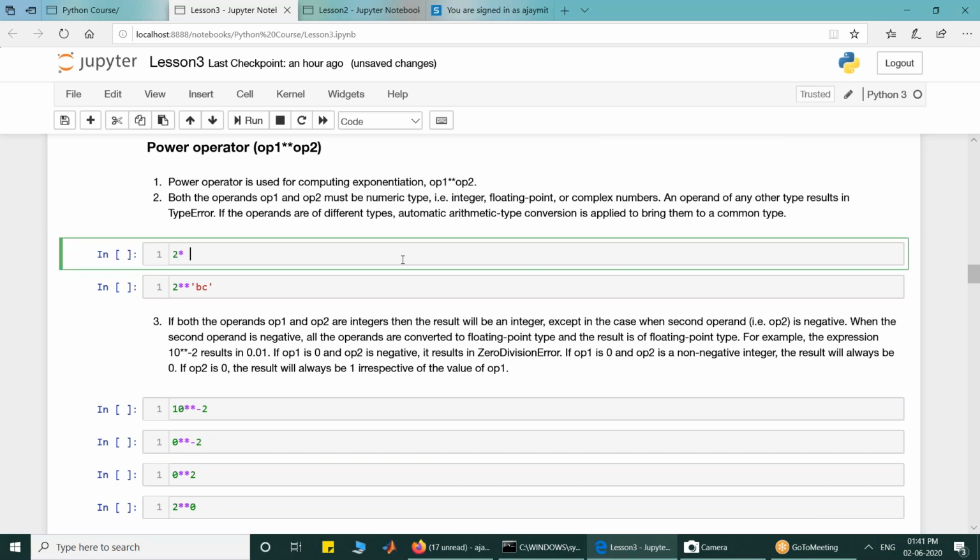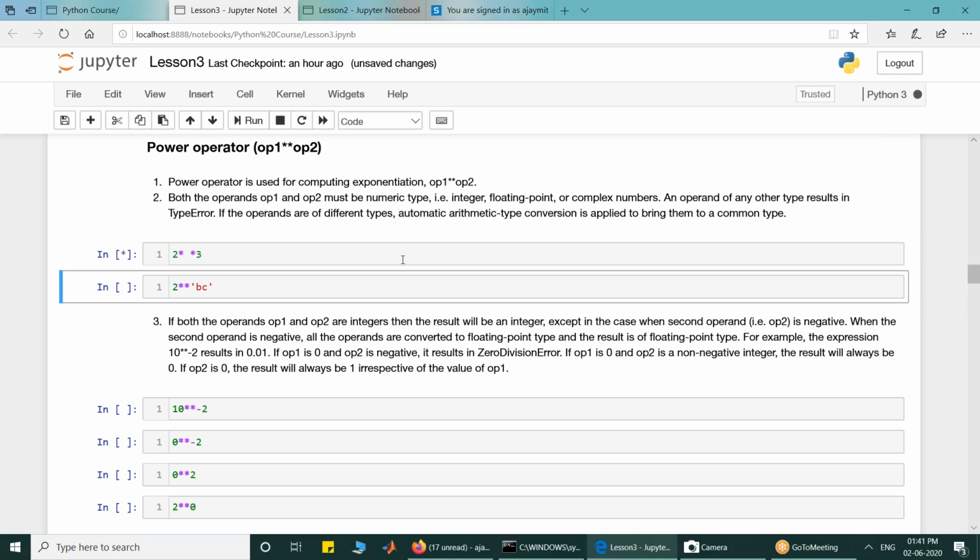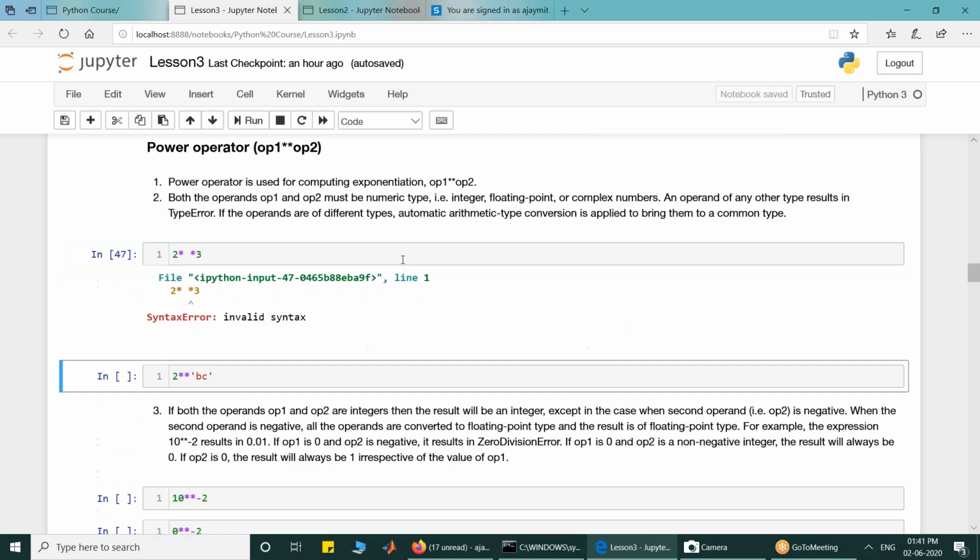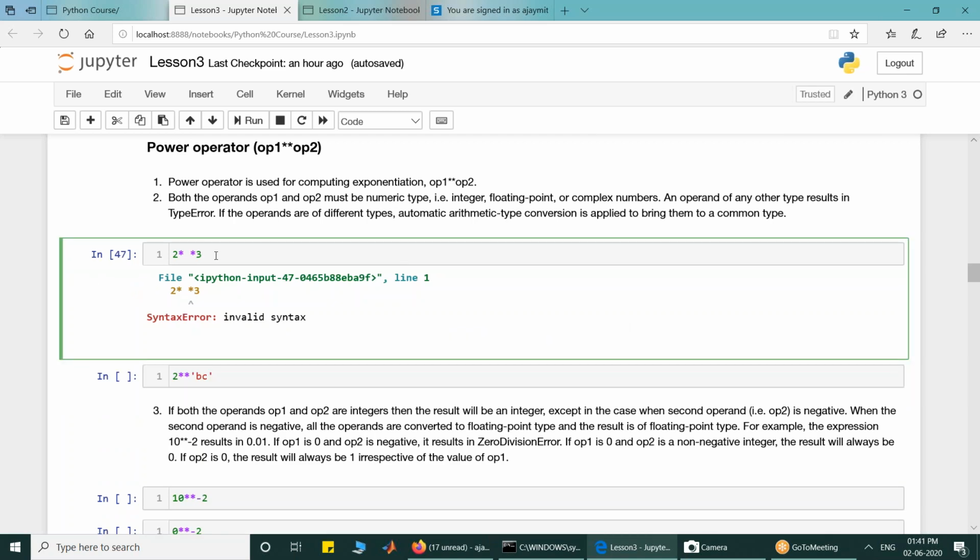If I start writing 2 star star 3 and execute it, I will start getting an error. A very important concept that you must know is about token.